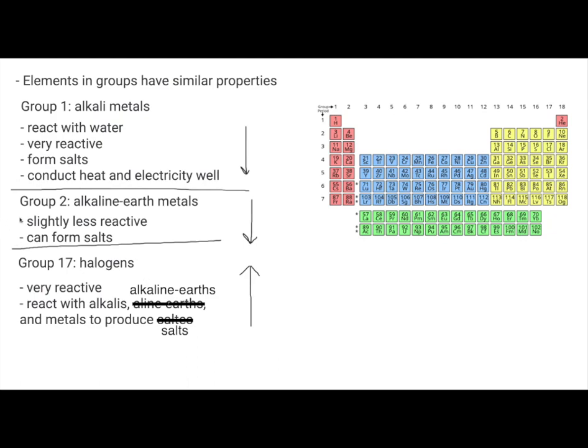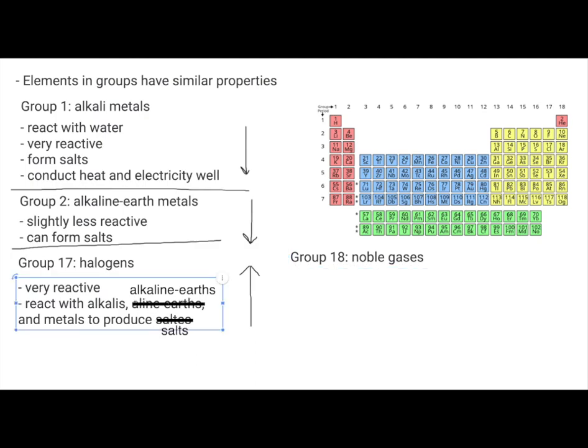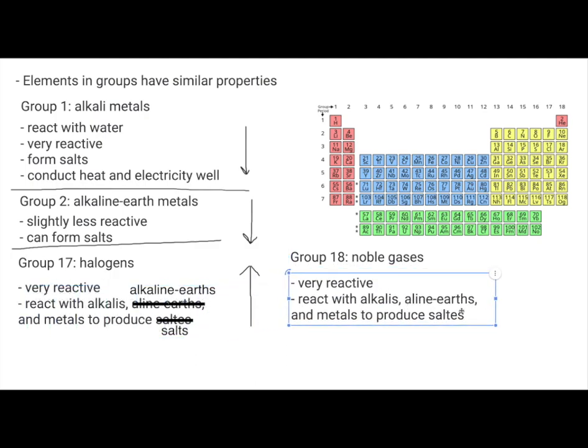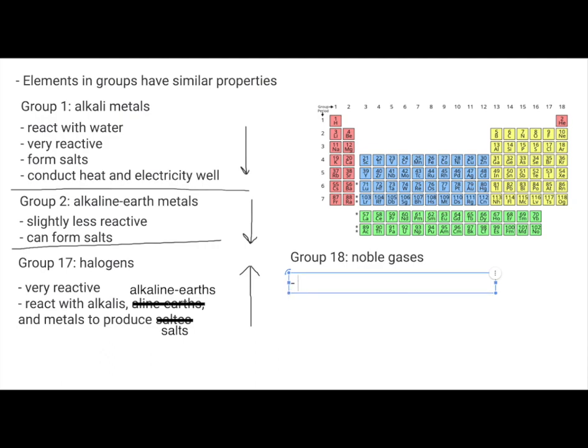And then the final group which I'll discuss is group 18, which are the noble gases. And in contrast, the noble gases are very unreactive. In fact, when they were first discovered, people believed they were inert and that they couldn't react with anything at all.